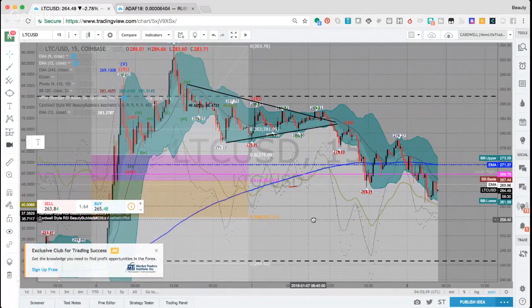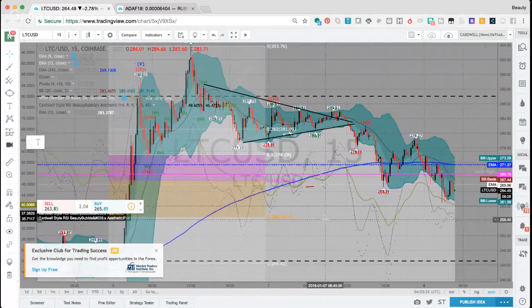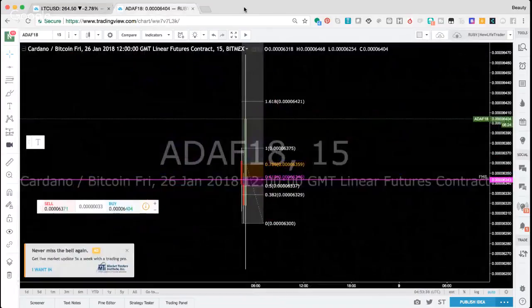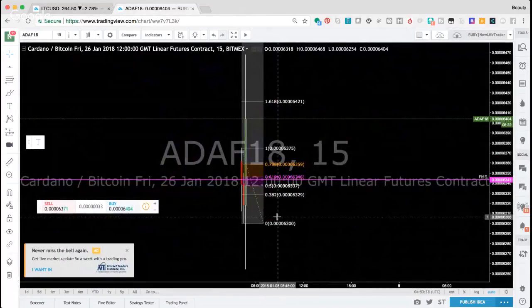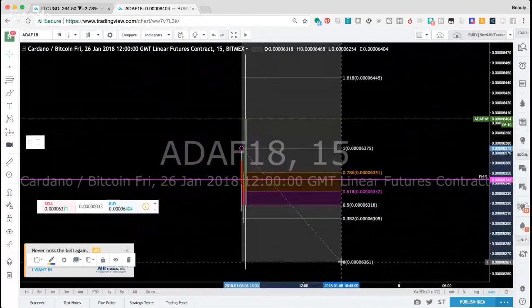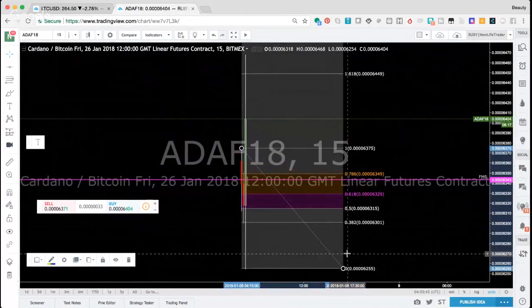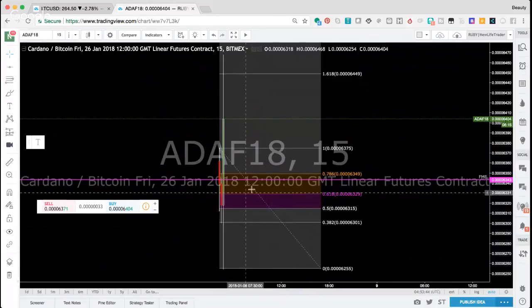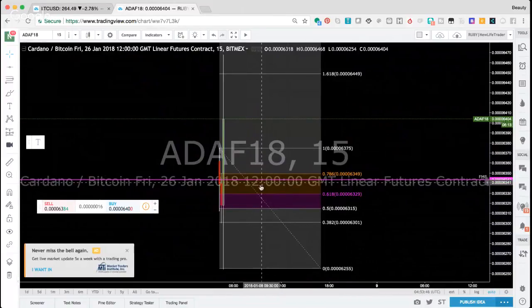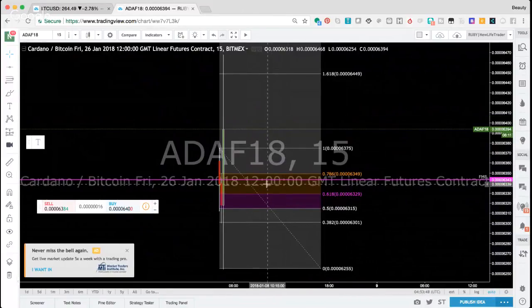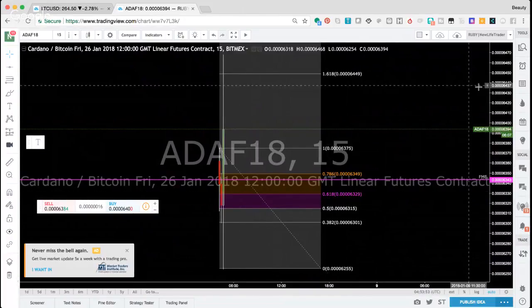Okay, so that's the Litecoin trading at 264.49, down 2.78%. And we'll roll back over to the ADF. And sure enough, there's even down to the downside, leaving the FME line right in here, right in this little sweet spot of where we really want the trade to establish itself so that it can carry long.